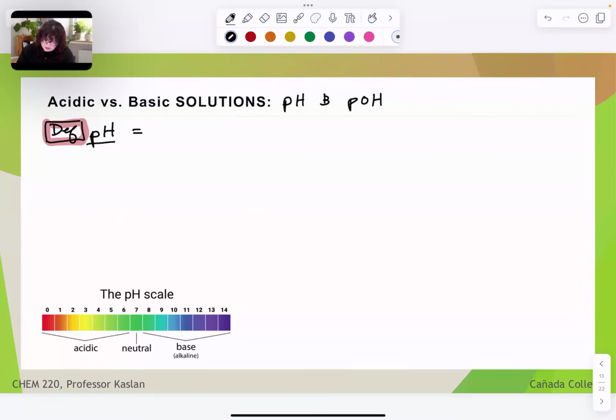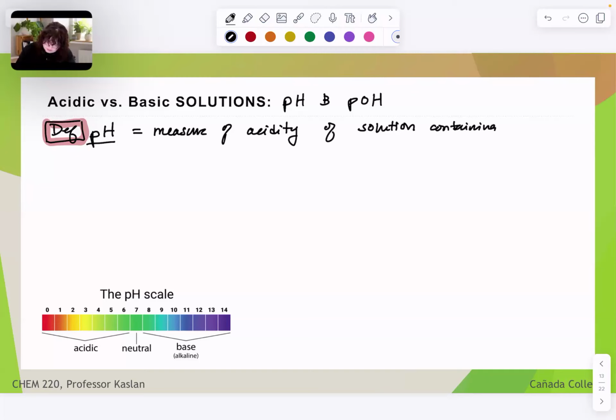So pH is a measure of the acidity of a solution, and it is a logarithmic, specifically log base 10, dependence on the concentration of H3O plus present.